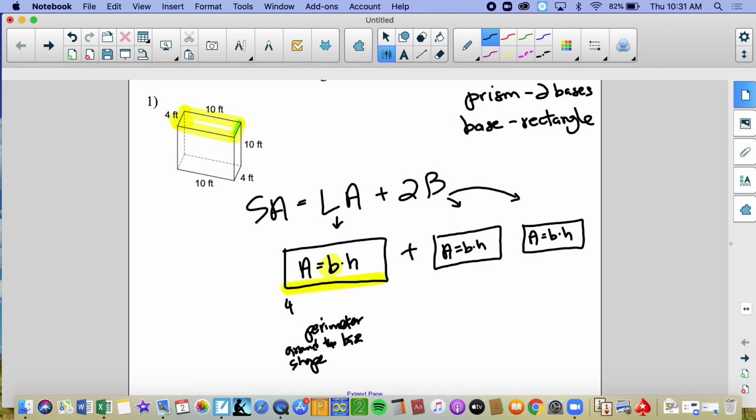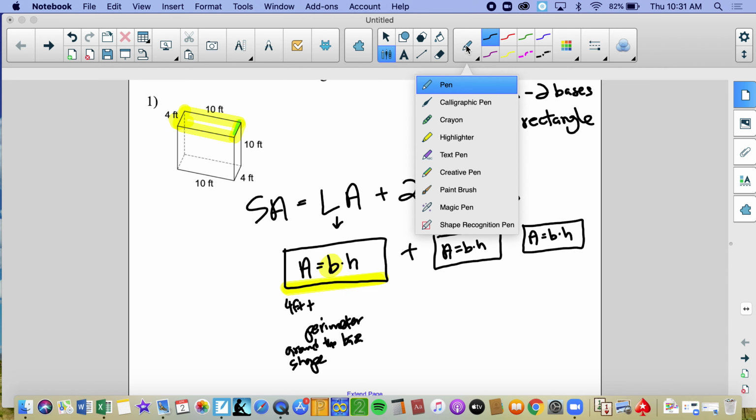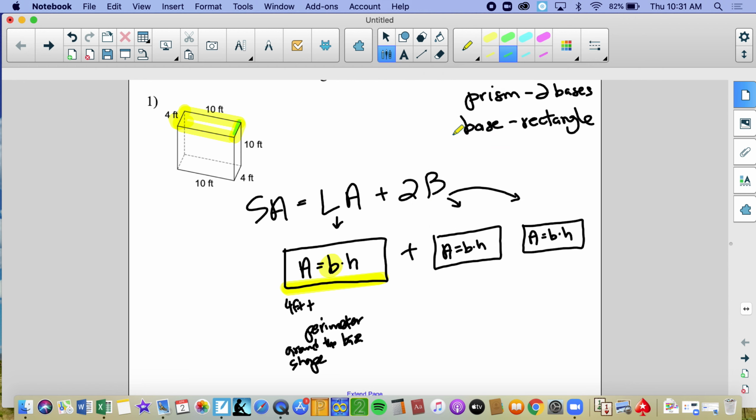So now I'm going to start adding up my values for the base of my rectangle. So it is 4 feet plus, now I've got to find the next one. I'm going around the object. So that is going to be 10 feet, plus 4 feet, and then plus another 10 feet.